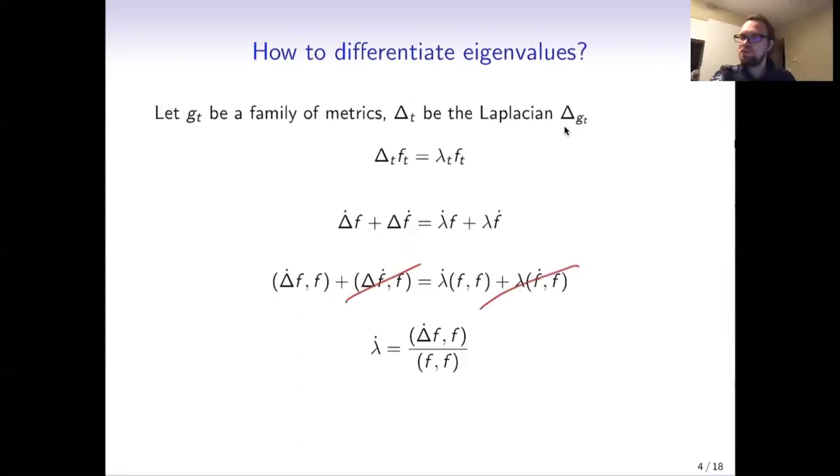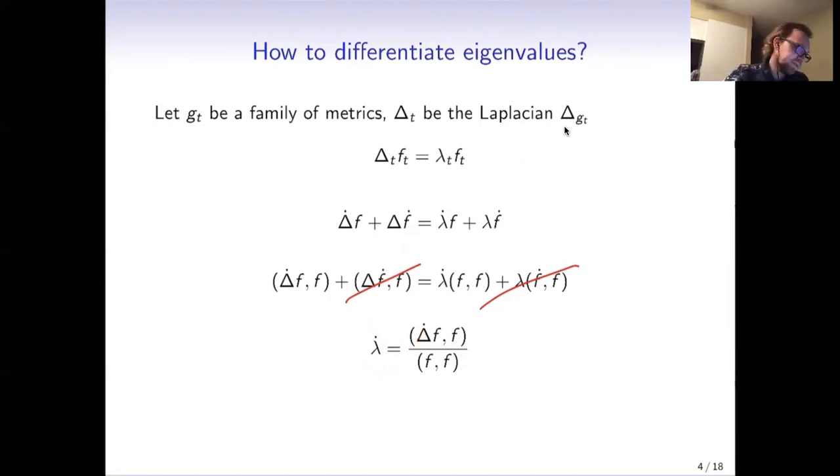You can rearrange the terms. The f dot terms cancel out, and you get the formula for the derivative of the eigenvalue just in terms of the eigenfunctions and the derivative of delta.